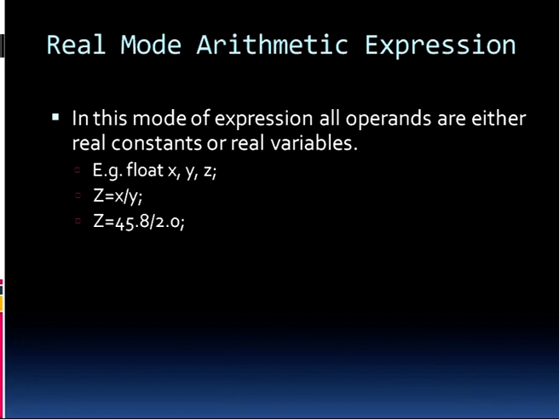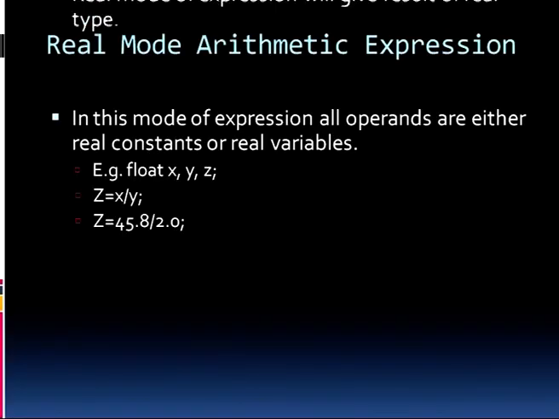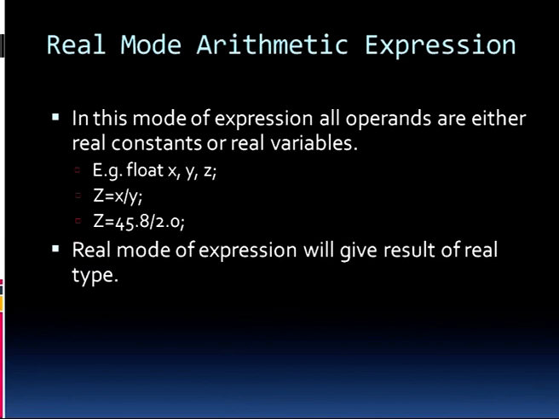Similarly, this is another real mode arithmetic expression as the operands are two constants and both constants are of real data type. A real mode expression will give a result of real type.